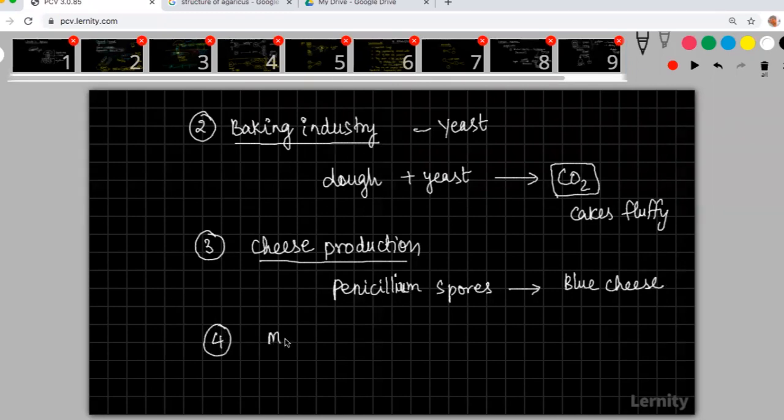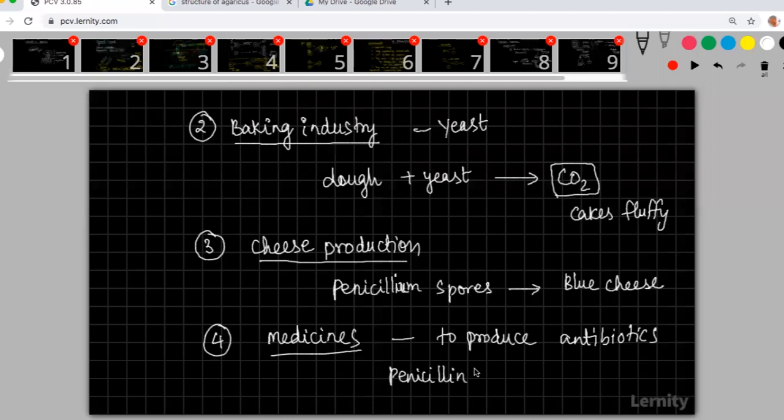Apart from that, in medicines, it is used to produce antibiotics. So it is used to produce antibiotics, your penicillin or streptomycin.